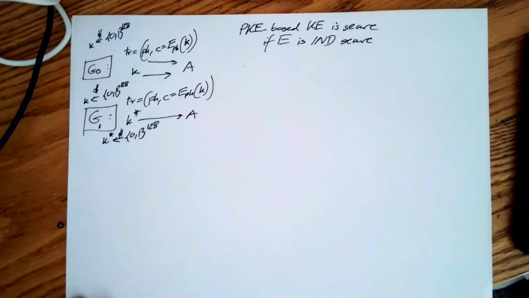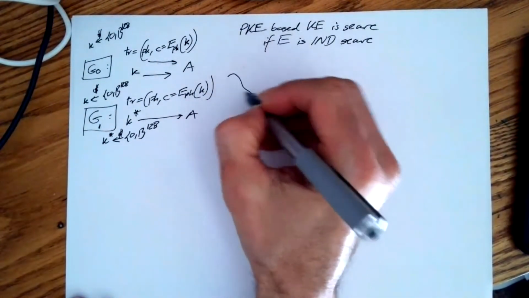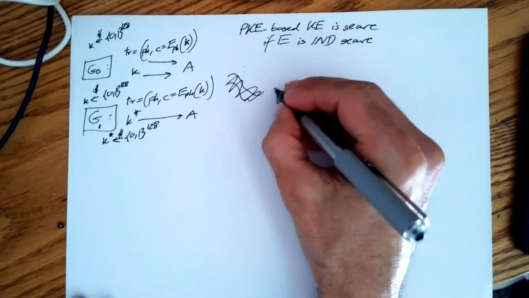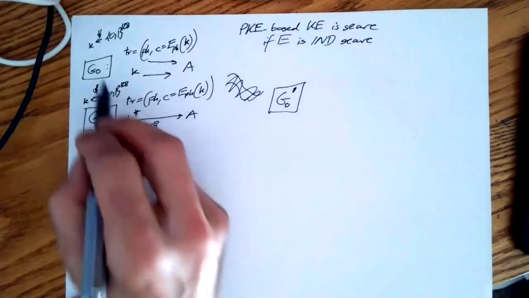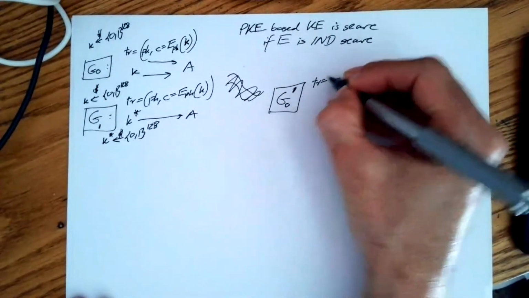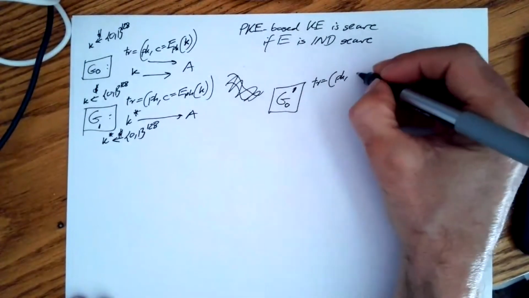Now, by indistinguishability of encryption, let's consider G0 prime, a modified real view. That would look like this. Transcript is a public key.